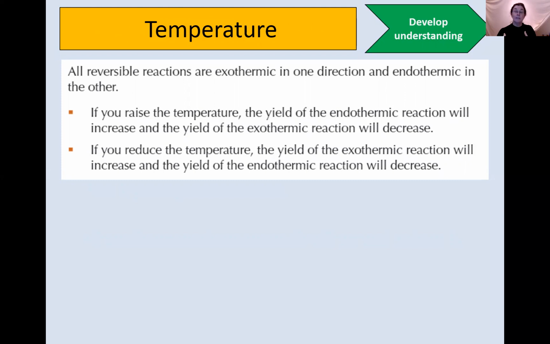So the yield of our product is going to decrease because it's going to send the reaction in the opposite direction. Similarly, if we've got an exothermic process and we reduce the temperature, the system wants to increase it again, so it will favour the exothermic process, and if that's the forward direction, you will get an increase in yield. Okay, so you can read the information on there, so you can pause and read that. Once you've done that, we can move on.